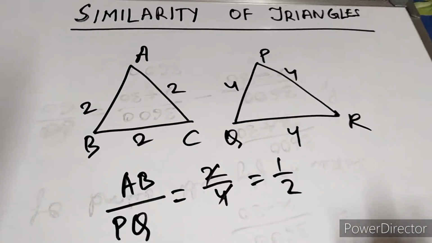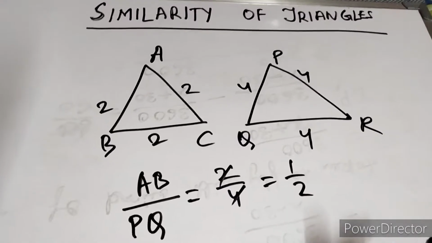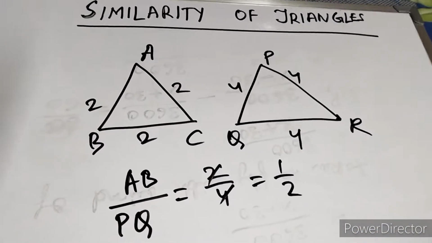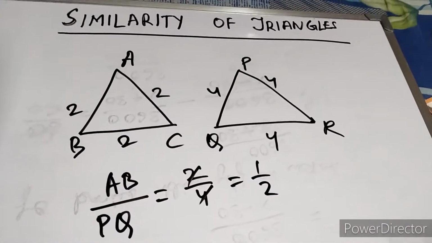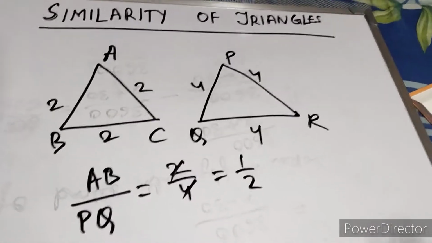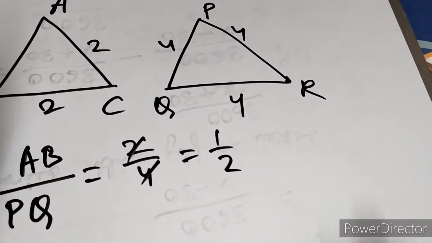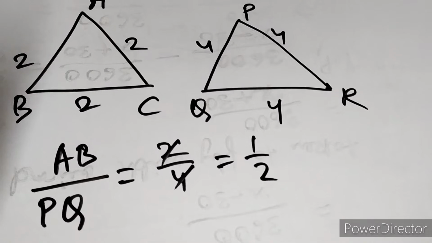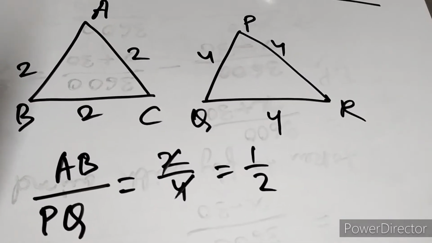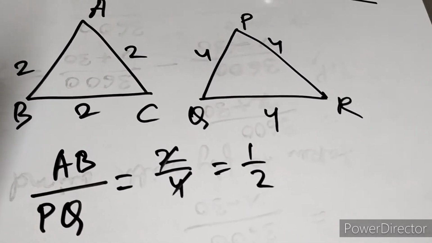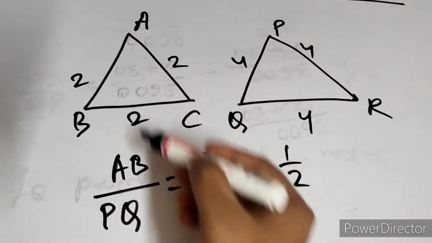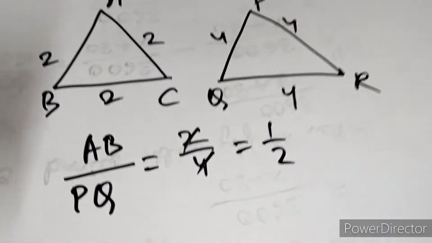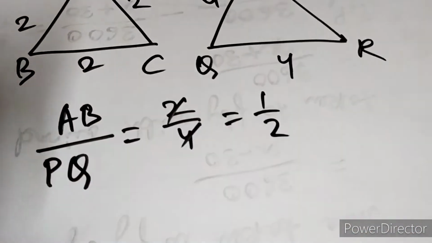So this is similarity of triangles. They look similar in shape, but they differ by size. So what are two similar triangles? Two triangles are said to be similar if their corresponding angles are equal and corresponding sides are proportional. Here all the sides are proportional, in the ratio 1:2, isn't it?